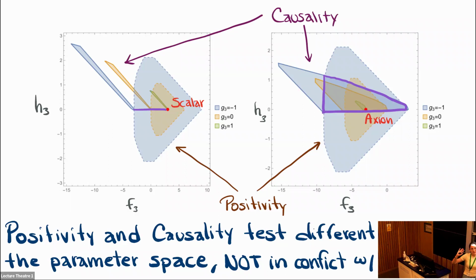Now, let me make clear that the positivity bounds that we use here are analytic and not the strongest numerical ones. It doesn't mean that positivity and causality do not agree with each other. It just means that if you don't want to use the full numerics of positivity bounds, which tend to be quite complicated, and you just want to use analytic results, you can combine both methods and get very sharp answers.